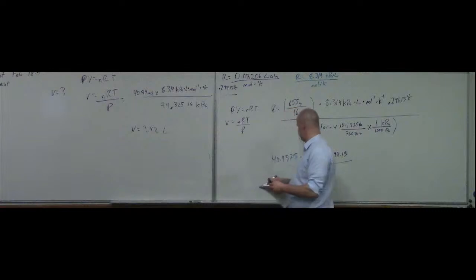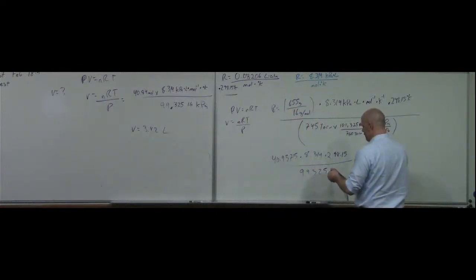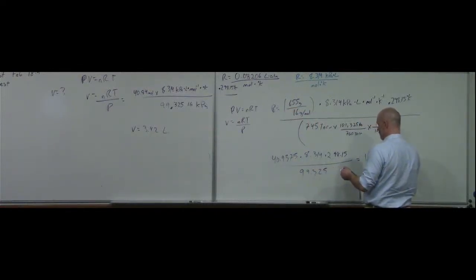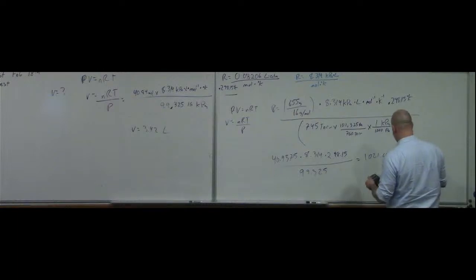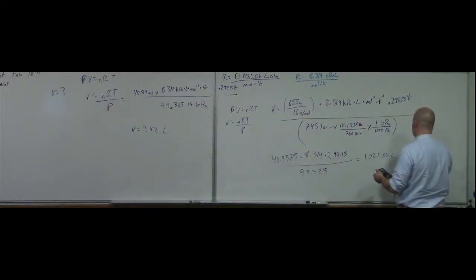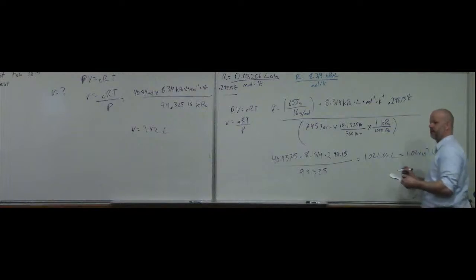It is though. We get 1021.66, and this is going to be liters, right? And of course they're putting it in scientific notation, so 1.02 times 10 to the third liters.